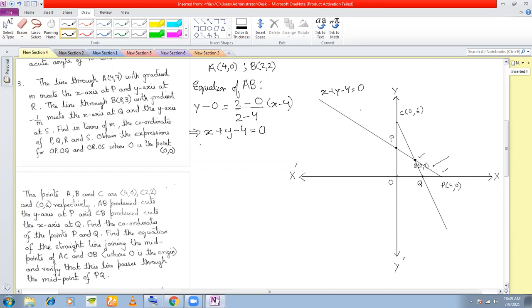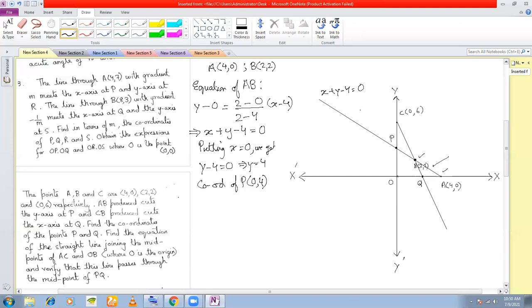You put x is equal to 0. Putting x is equal to 0, we get y minus 4 is equal to 0. That means y is equal to 4. So therefore, what should be the coordinates of P? (0, 4). So you have got the coordinates of P.